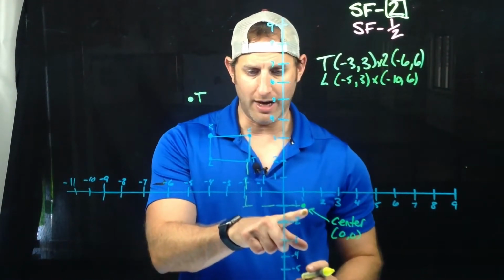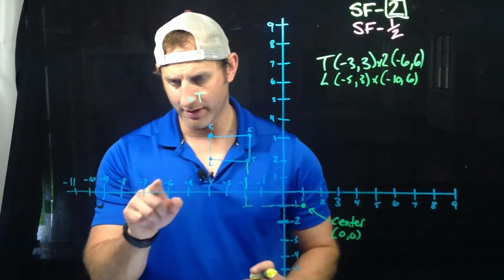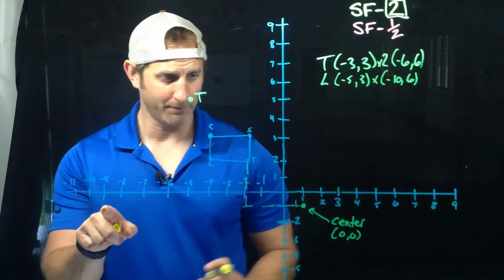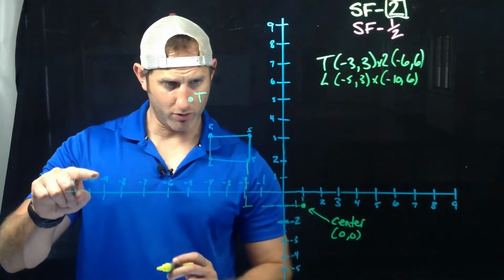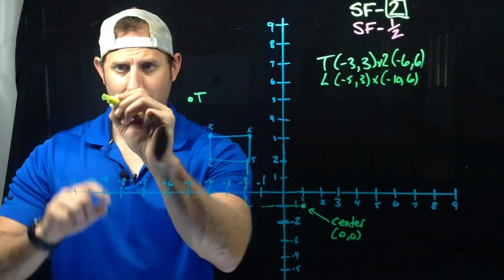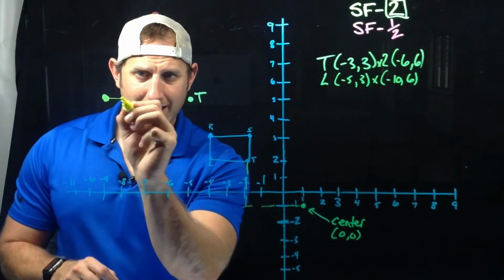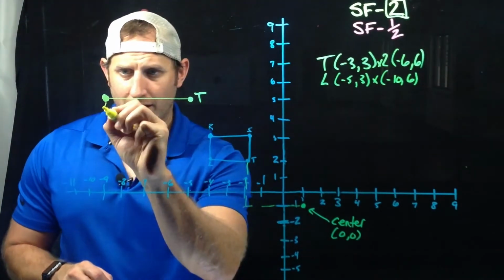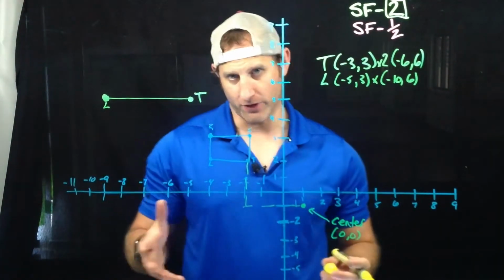We're going to go negative 1, negative 2, negative 3, negative 4, negative 5, 6, 7, 8, 9, 10. And then we're going to go up 6. So 1, 2, 3, 4, 5, and 6. So right here, on the same axis as T, L is now translated there. And now there's a way that I can check and make sure that this works.